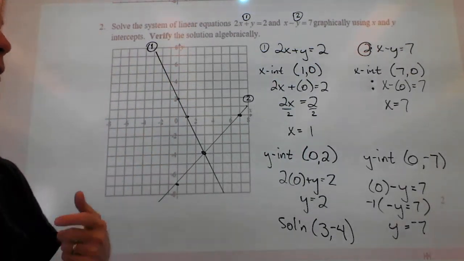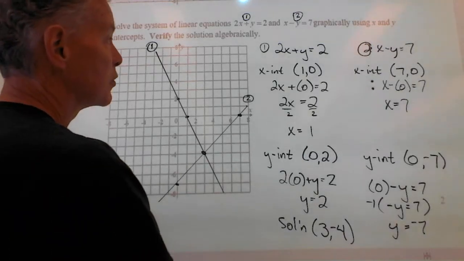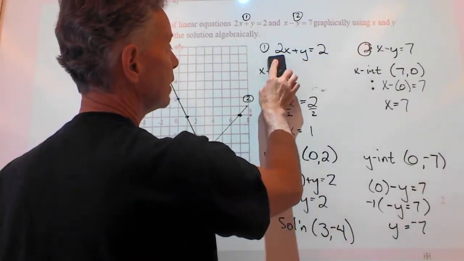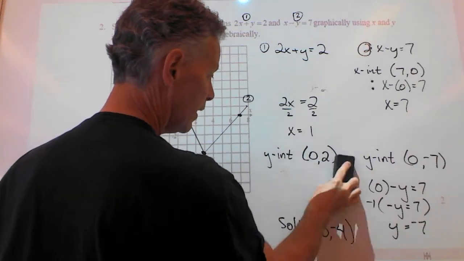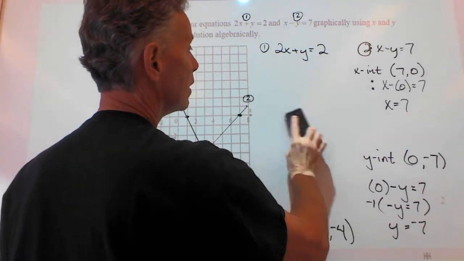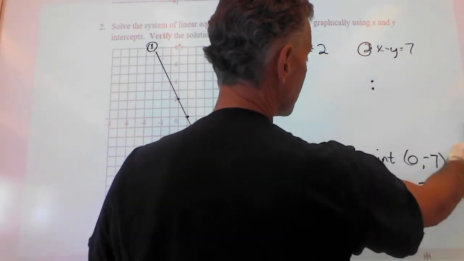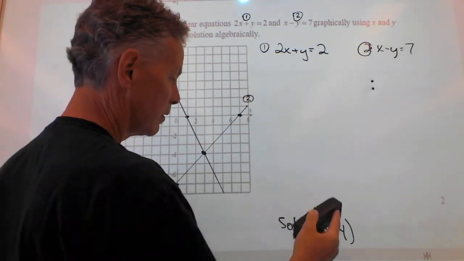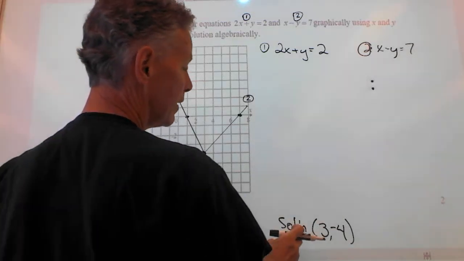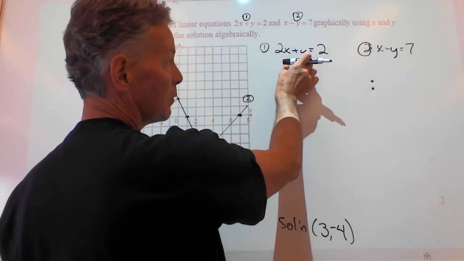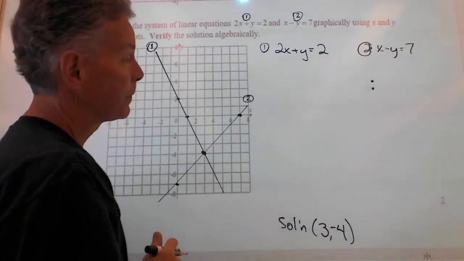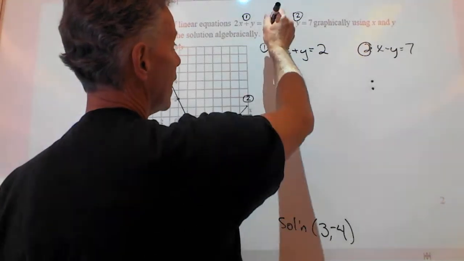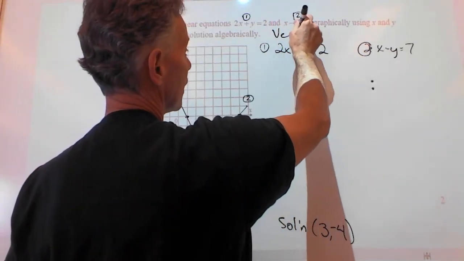What you need to do if you want to verify a solution algebraically is simply take the x and y coordinates at your point of intersection, that is your solution, and substitute them in where you see x and y. Okay? So, now we are verifying.